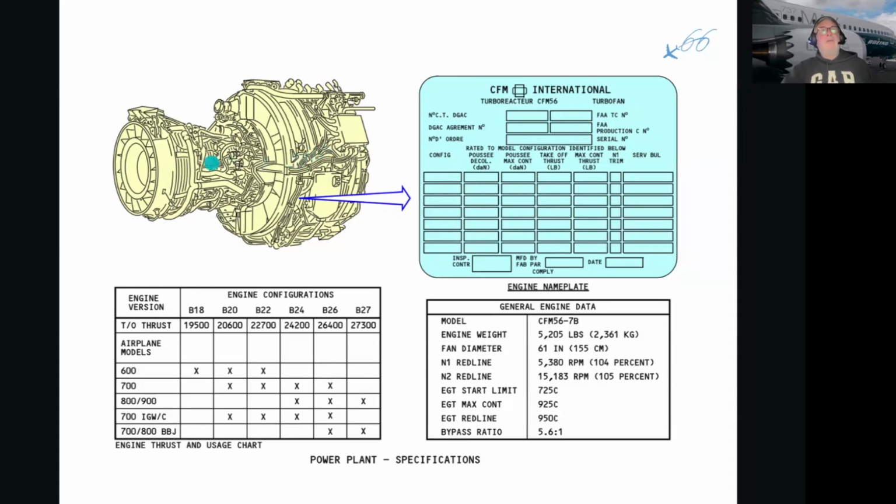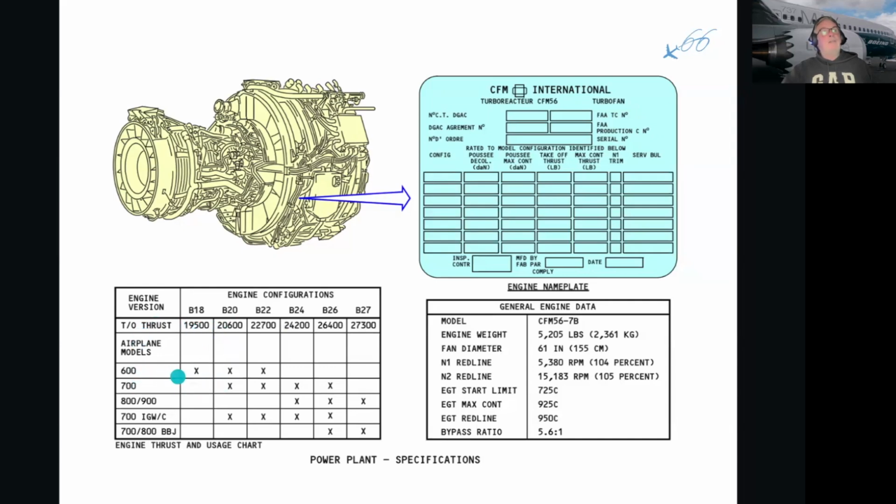The engine fitted to a 600 will need to produce significantly less thrust because it's 5, 6, 7, 8, 10 tons lighter than a 900. It's the same engine, but fitted to a different airframe with a different weight ratio. Therefore, you can manipulate the thrust rating of these engines. When they get delivered, they're delivered at these preset ratings.